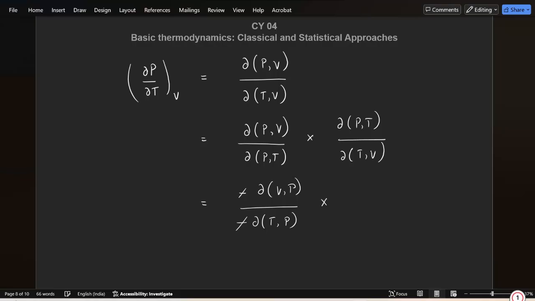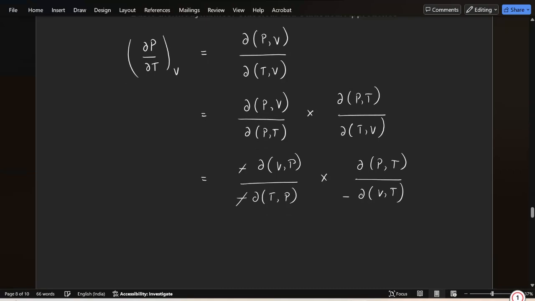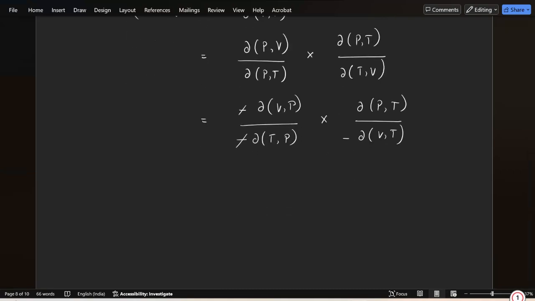Now we want T on one side, right? I'll tell you why we need T on one side. When it's written like this, (P,T) and (V,T), then we can shift it to a form like this: del P by del T at constant V. That's the idea of doing this.